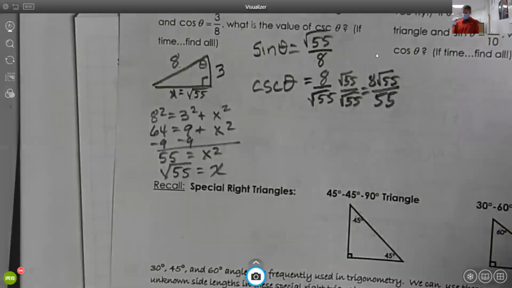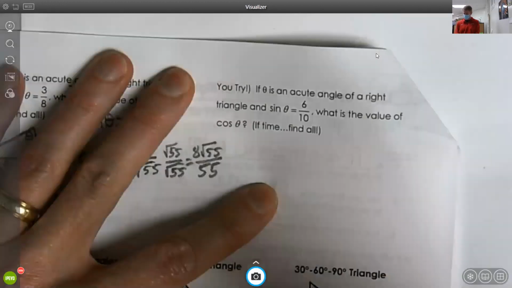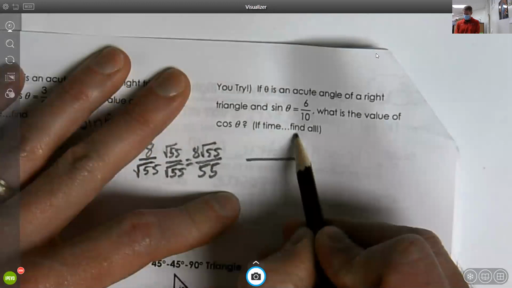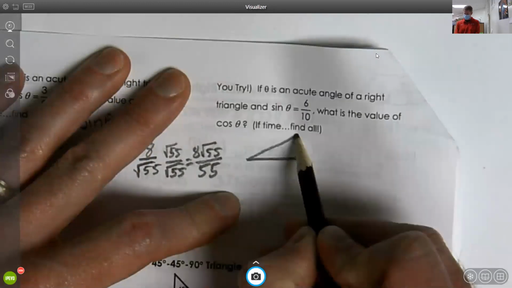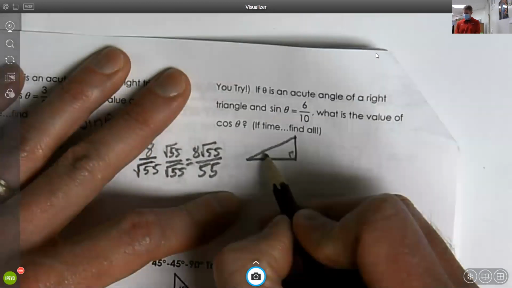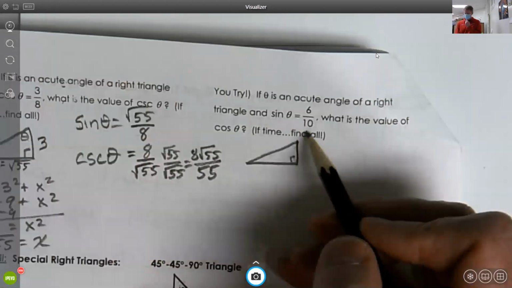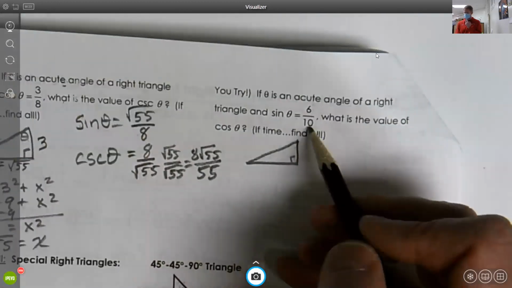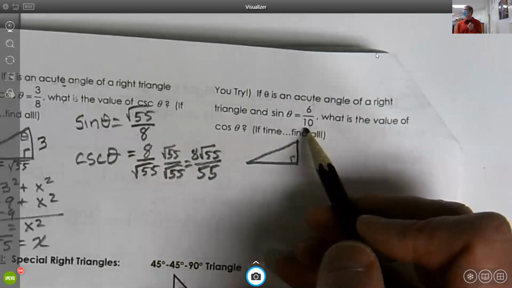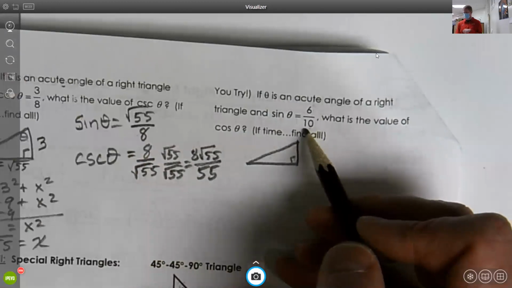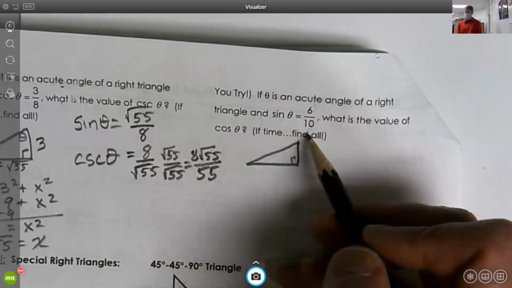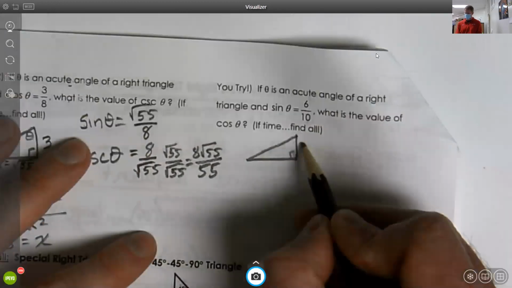So when we look here at our next one, we see that the sine of theta is 6 over 10. Thinking about what our numbers would possibly be making that, I can imagine that the 6 is going to be the smaller side.